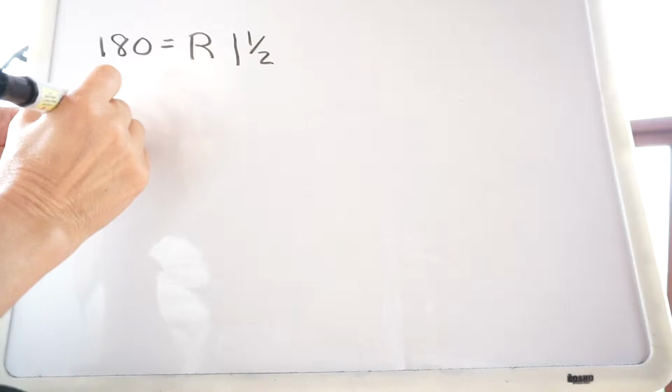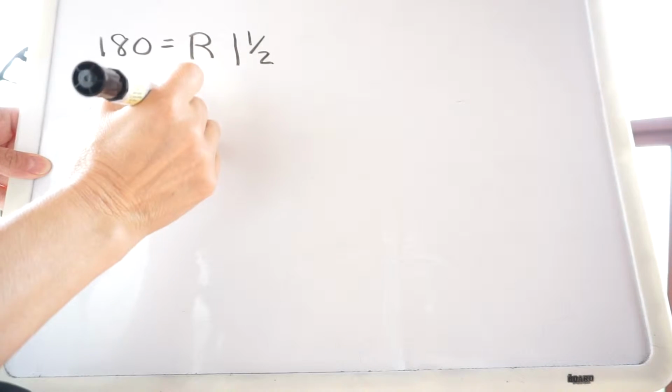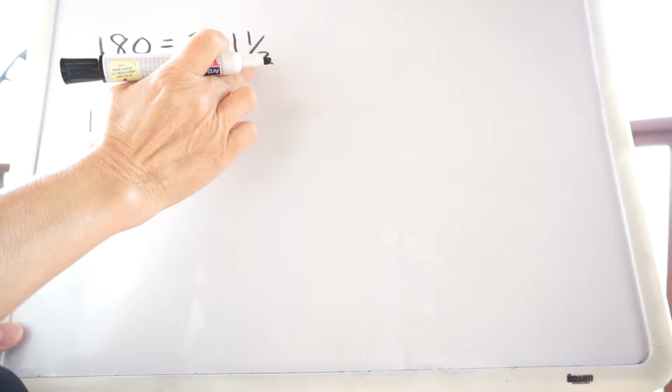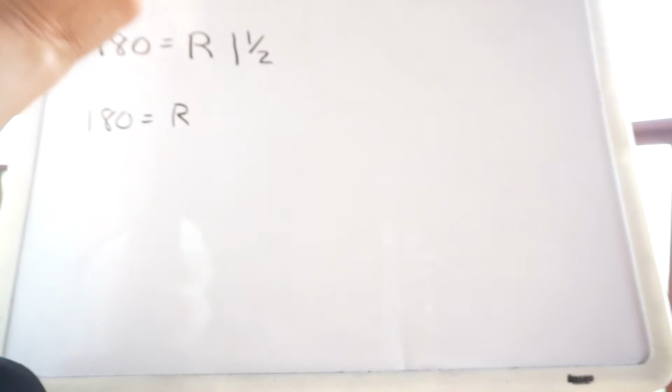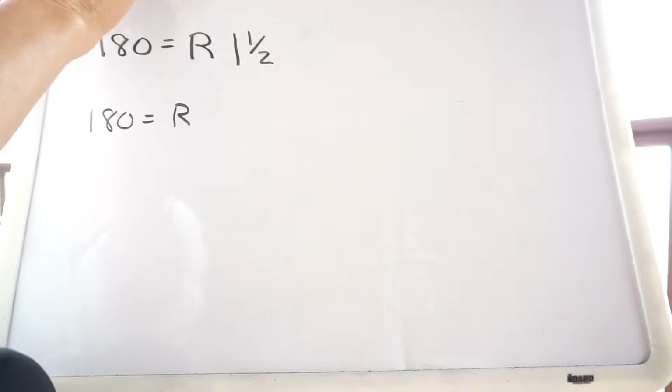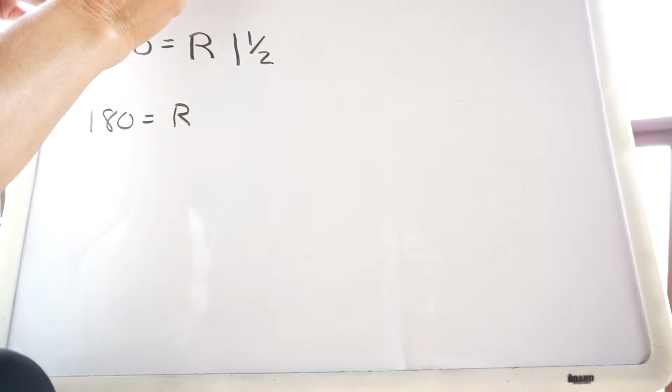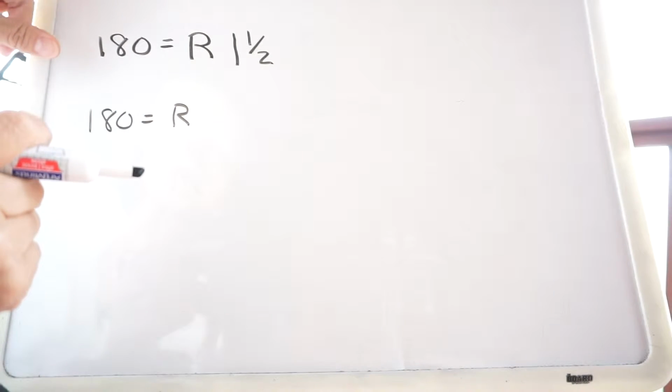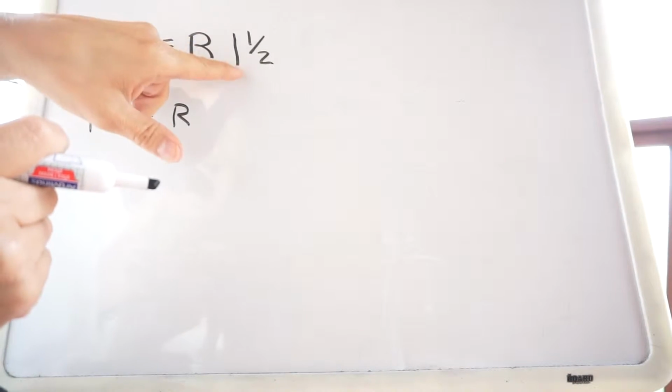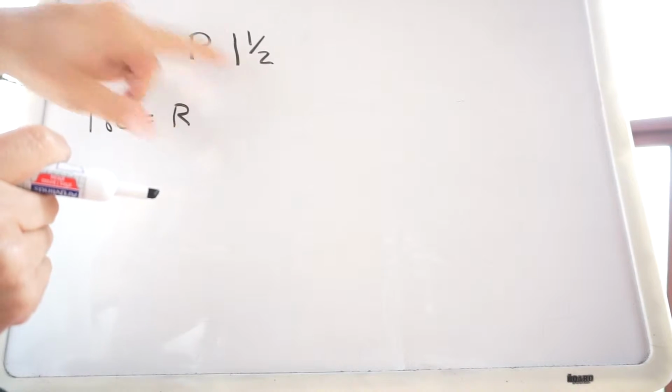We're going to do 180 is equal to R times, and I'm going to change this to an improper fraction. Remembering that 1 whole and then a half, so this is a whole and then another half. We can kind of see that this is going to be 3 halves, but how do we do that when we have a mixed number?